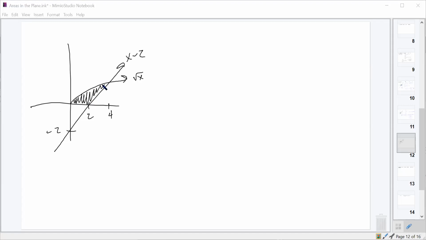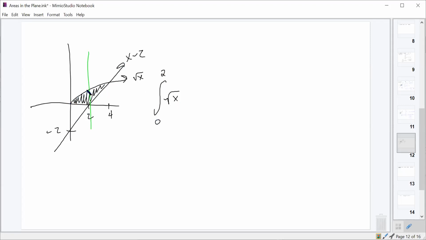So what we need to do is split it at the point where we switch from one function being the lower bound to the other function being the lower bound. So we're going to have one integral that's just the integral of root x from 0 to 2, right?